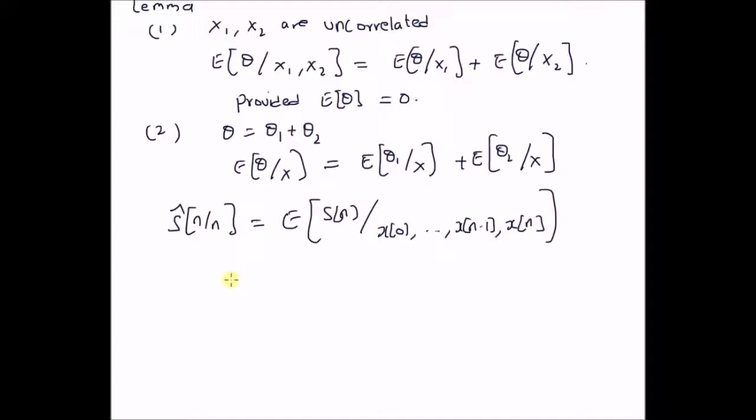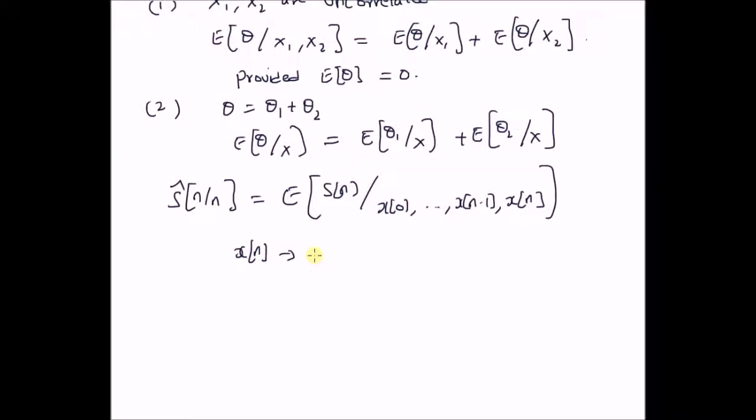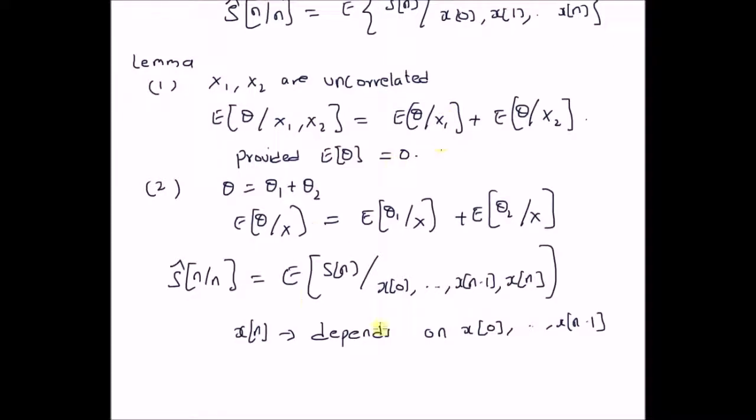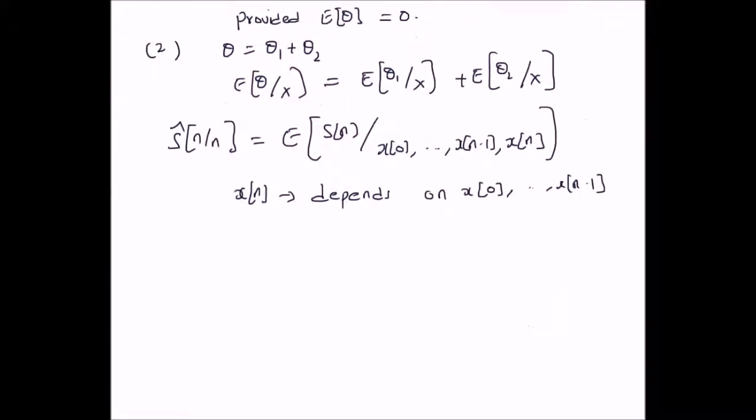And we know that the latest observation x of n is actually dependent on the previous observations from the state model and the observation model. So that is x of n depends on the previous observations from x of 0 to x of n minus 1. So as a result, this lemma cannot be directly applied to this conditional mean.